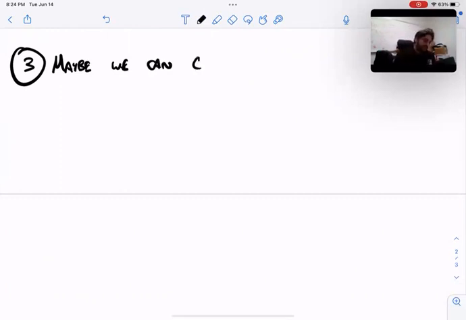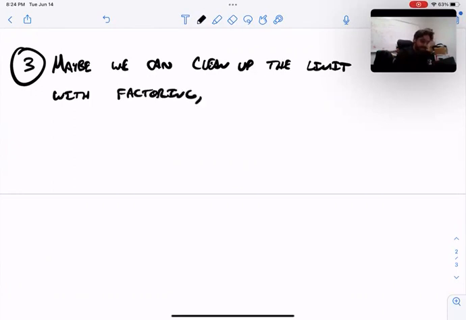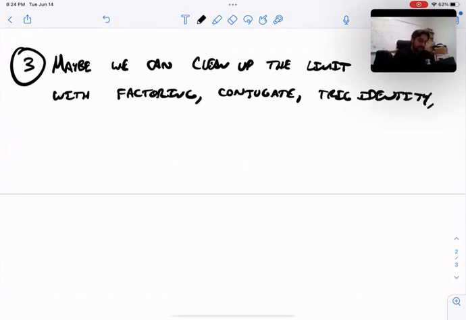So maybe we can clean up the limit with some sort of rewriting. These are very common tricks for cleaning up limits. Maybe applying a trig identity, maybe a substitution.